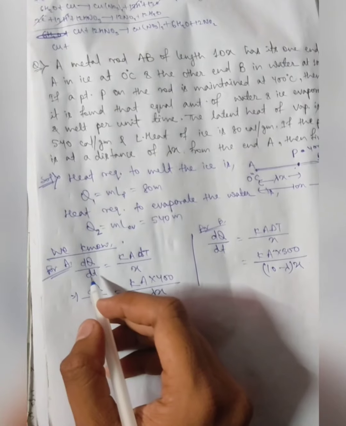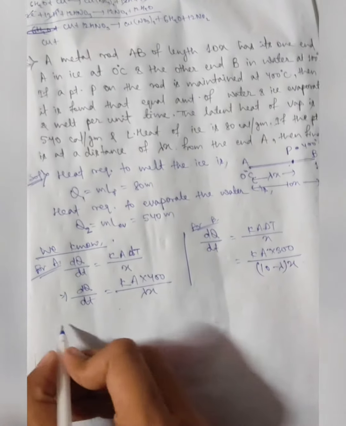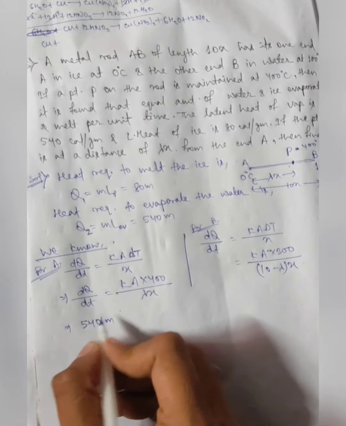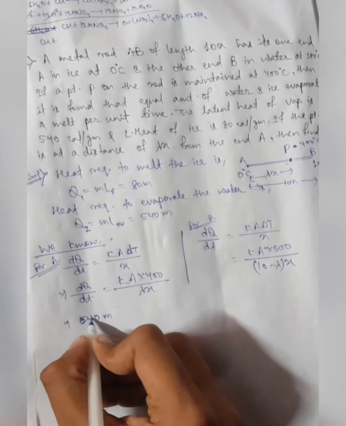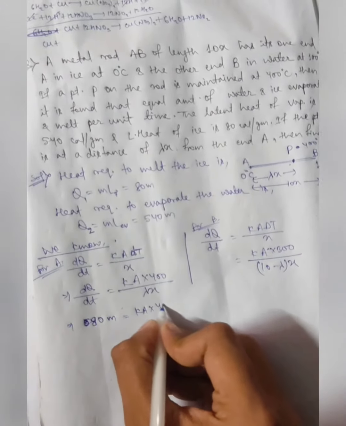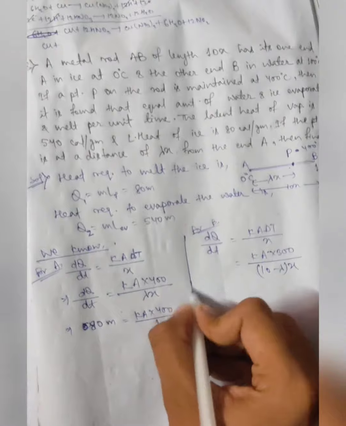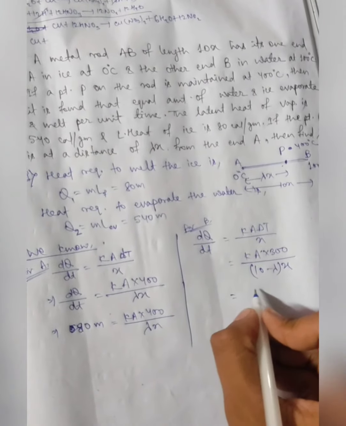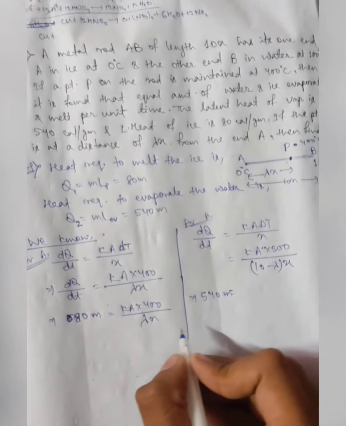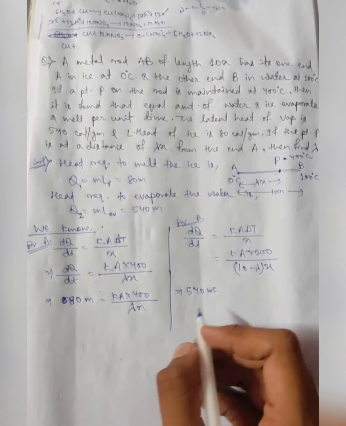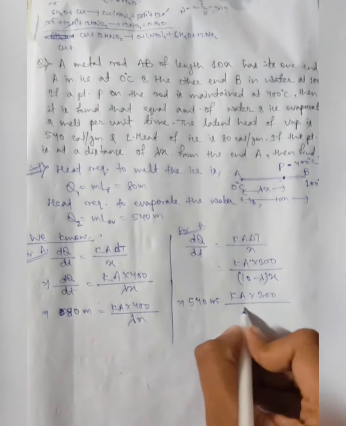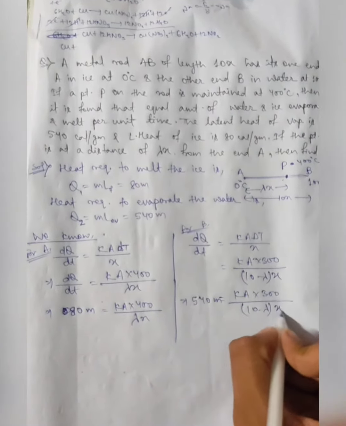So the rates are 80 m equal to K A into 400 by lambda x, and 540 m equal to K A into 300 by 10 minus lambda x.